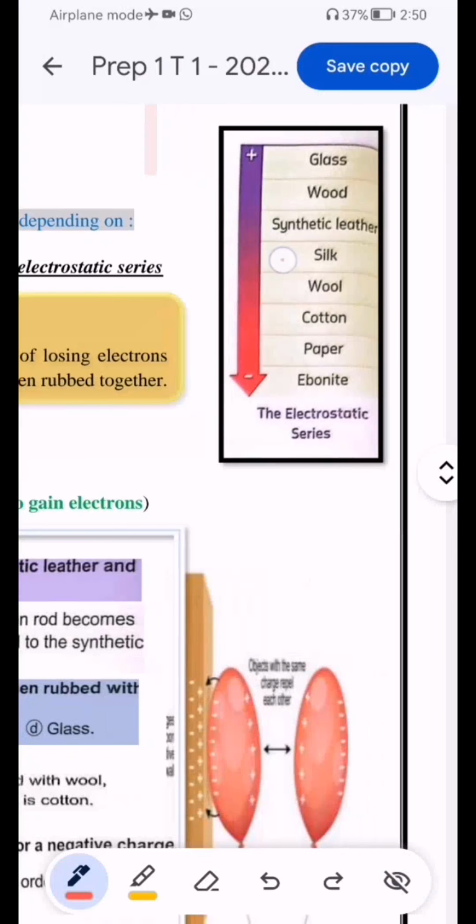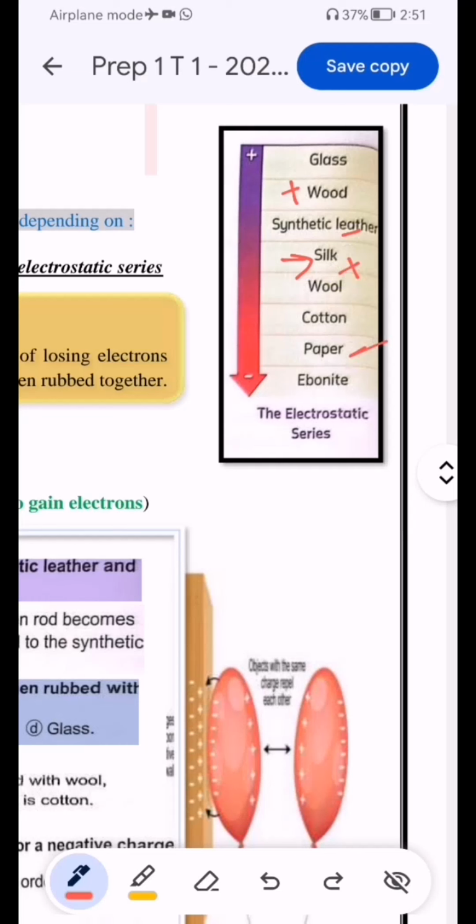If we rub silk with wood, what happens? Wood is higher, so the wood becomes positive and silk becomes negative, right? Okay, what happens when the silk is rubbed with paper? Paper is lower than silk in the series, so the silk becomes positive and paper becomes negative, right?